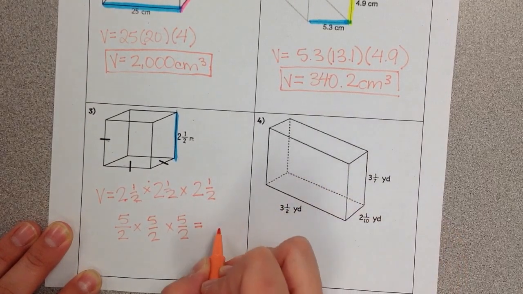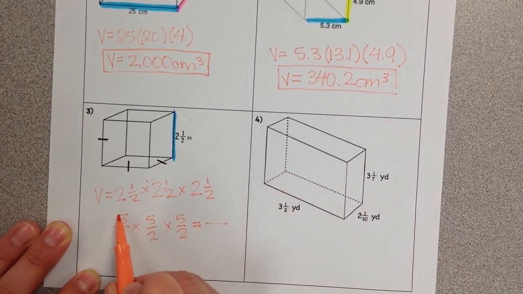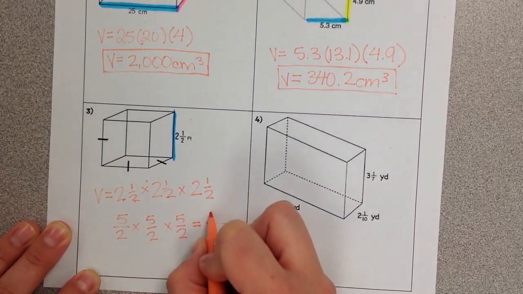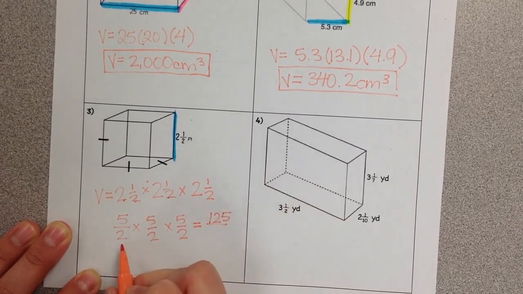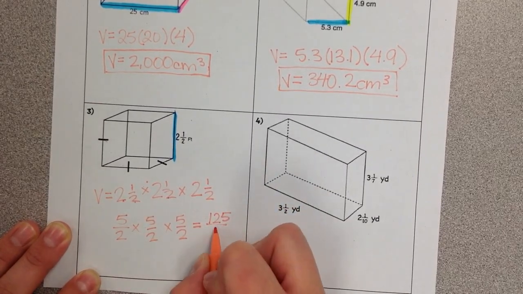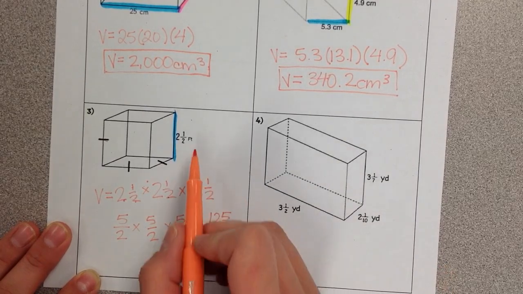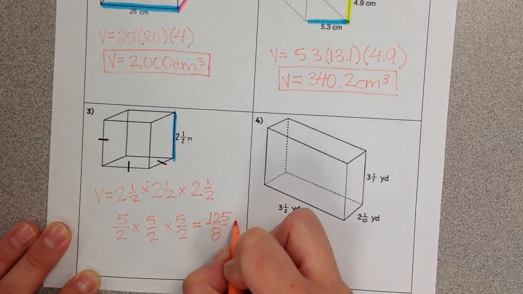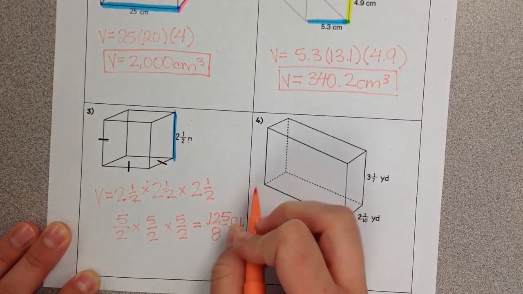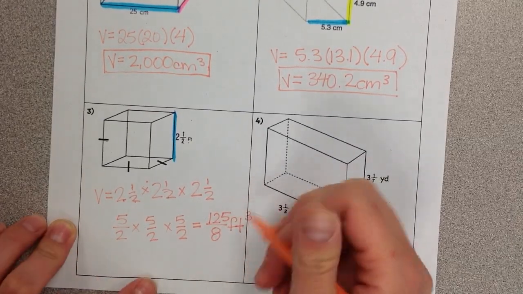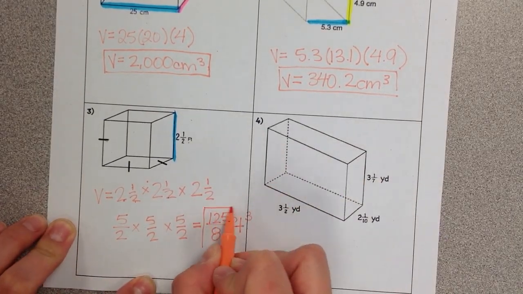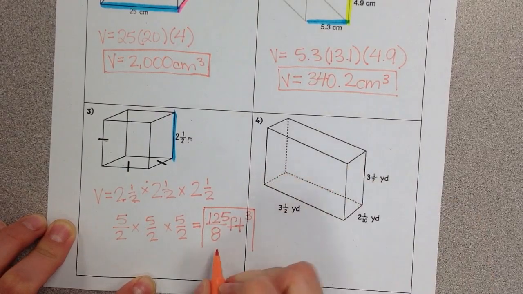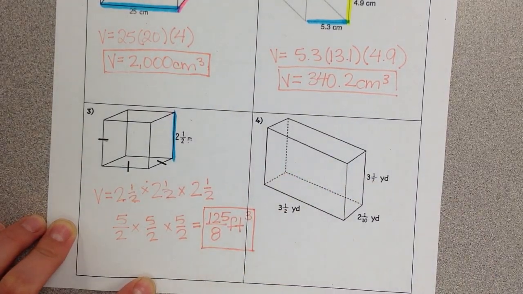So you can use your calculator or do the work in your head. 5 times 5 times 5 is 125. 2 times 2 times 2 is 8. This time I'm working with feet, so my units are going to be feet cubed. You can change your answer back into a mixed number if you'd like, or you can keep it as an improper fraction.